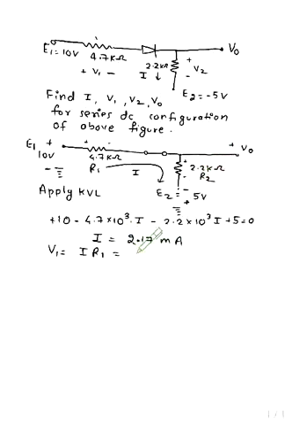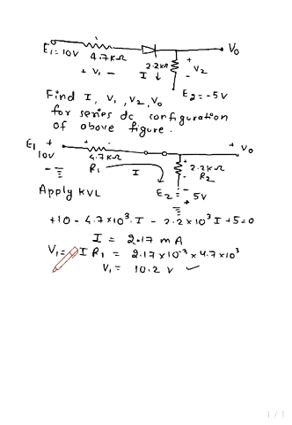So 2.17 into 10 raised to minus 3 into 4.7 into 10 raised to 3 gives V1 is equal to 10.2 volt. So this is one answer.